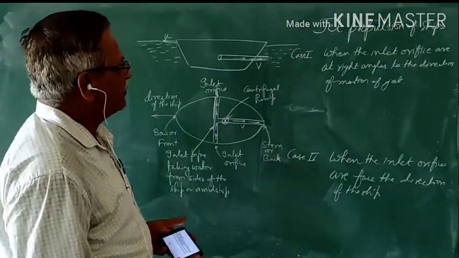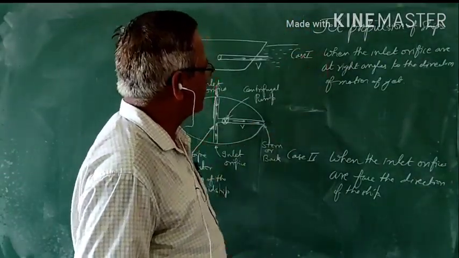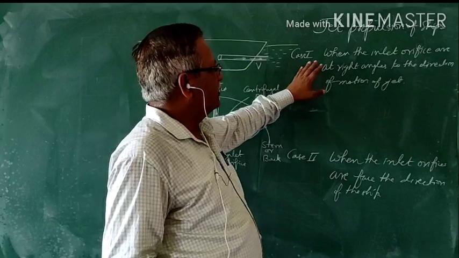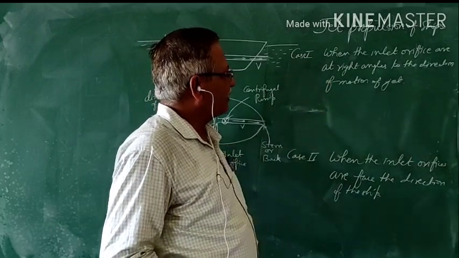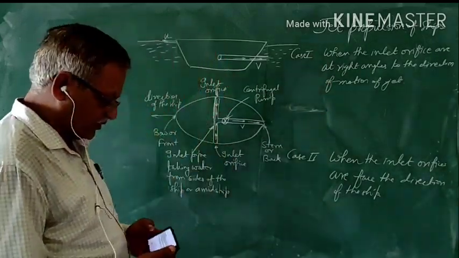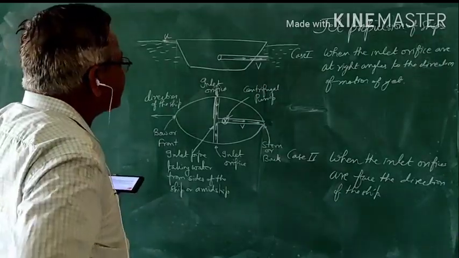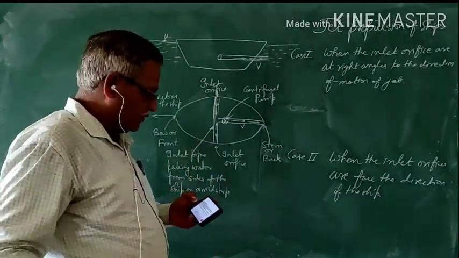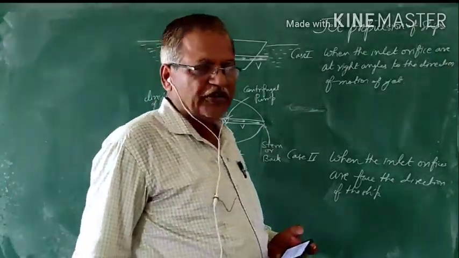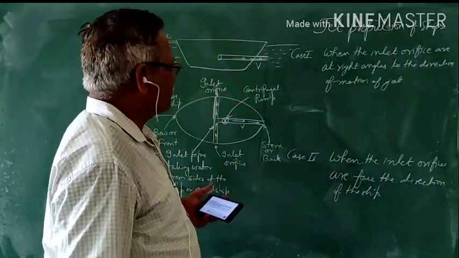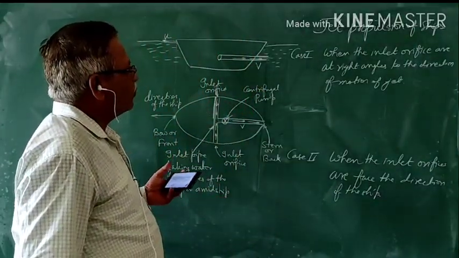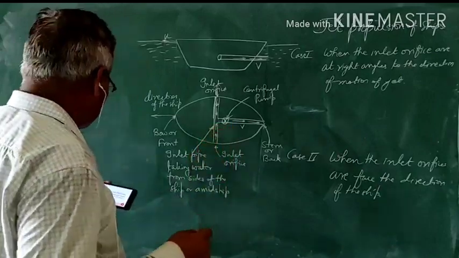The first case we consider for the jet propulsion of ships is when the inlet orifices are at right angles to the direction of motion. This is an example of the impulse momentum equation we utilize to find the force by which we can run the ship.